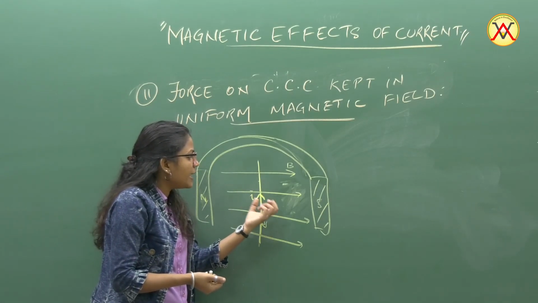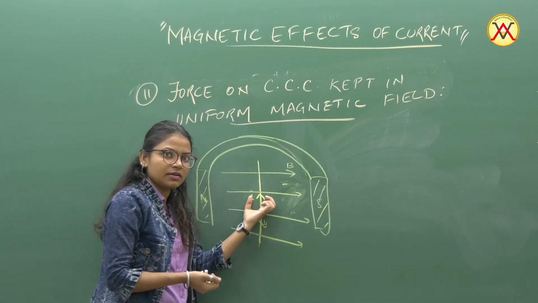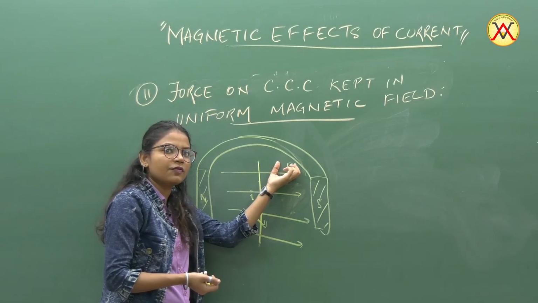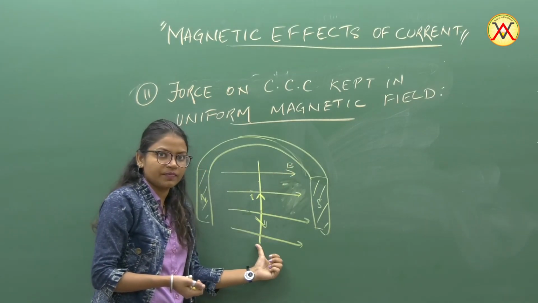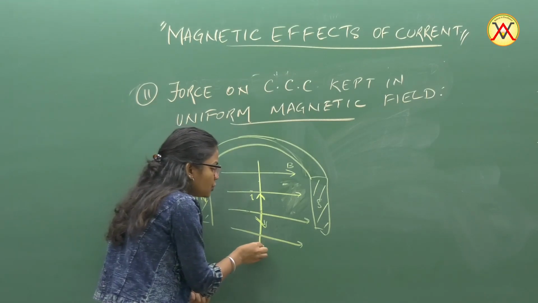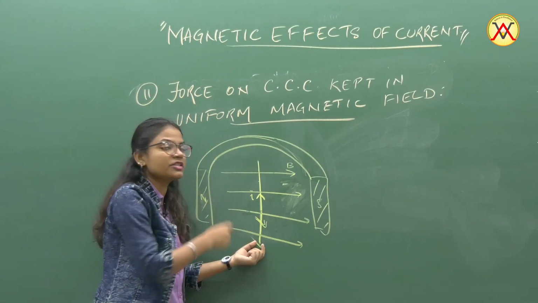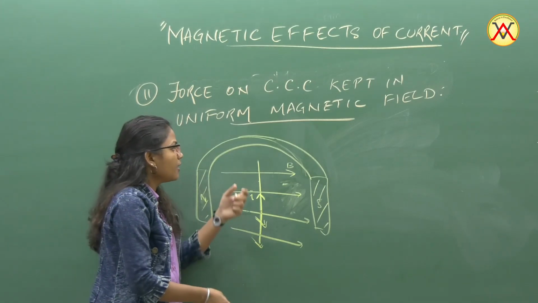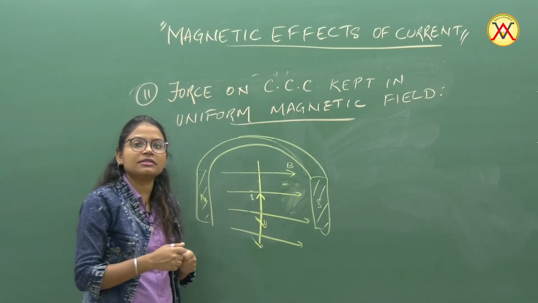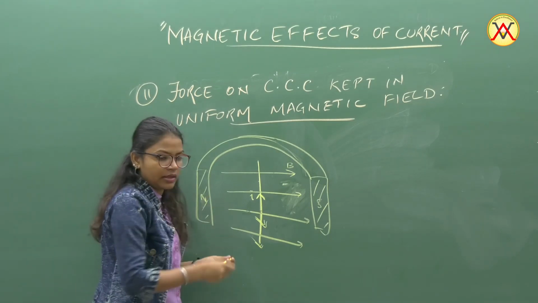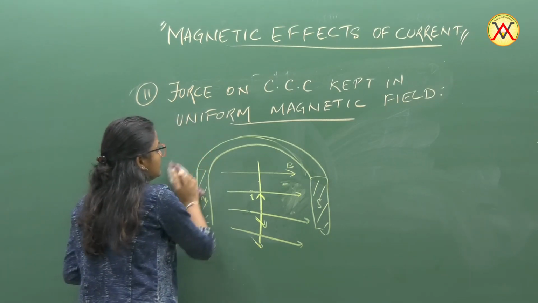What he observed was that this current carrying conductor, when kept in this uniform magnetic field, experienced a force which made it rotate or move from its original position. That force is known as magnetic force. Now, let us see about this statement.